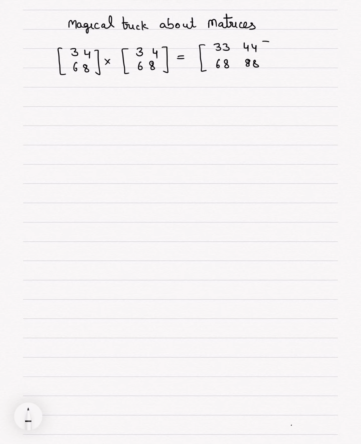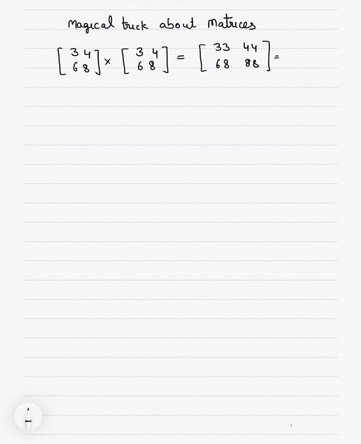Now, if you observe the phenomena, you will see that all the elements in the answer are 11 times the matrix. Now, why does this happen? We will find out in the next step.